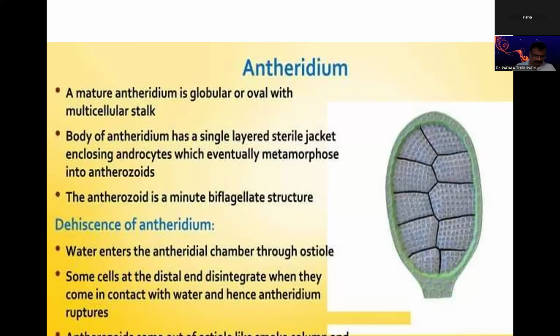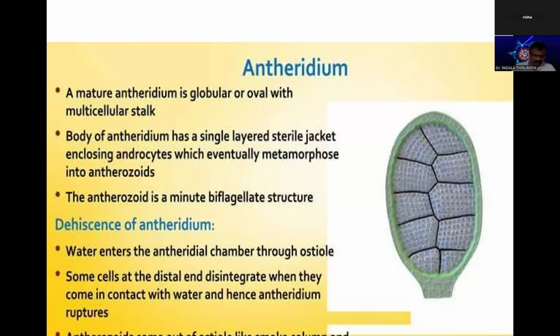Metamorphosis means that afterwards it undergoes change and develops into an antherozoid, which is biflagellate. After complete development of the antheridium, the wall ruptures and the antherozoids come out. That is the dehiscence of the antheridium.